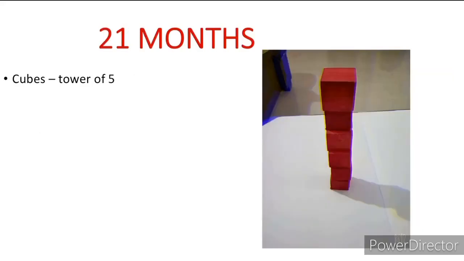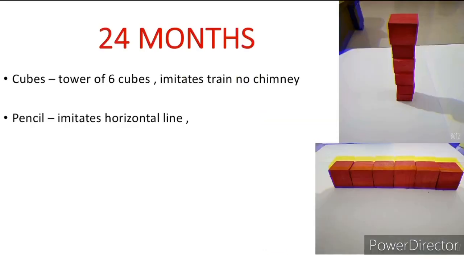At 21 months, I have made the mnemonic, a tower of 5. At 24 months, the baby can make a tower of 6 cubes and imitates a train but no chimney. If we give a pencil, the baby can imitate a horizontal line.